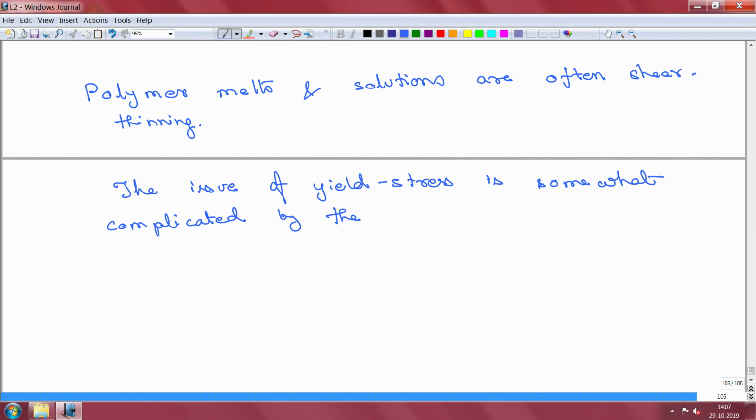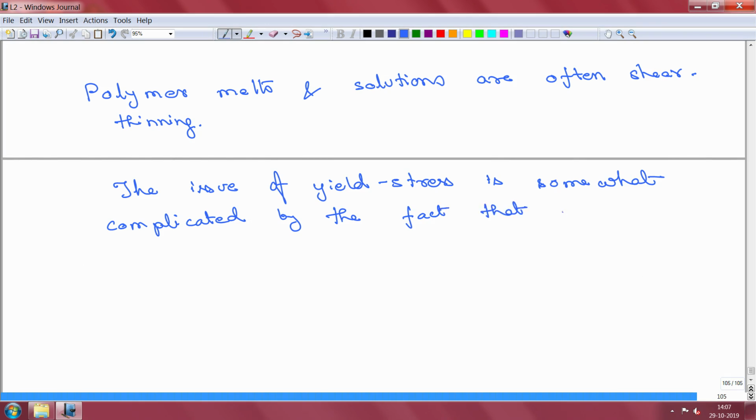Right? So, in a sense, even the concept of yield stress can start becoming a bit vague as to what we mean, because if you wait long enough, everything is going to flow. So, what does this term even mean?